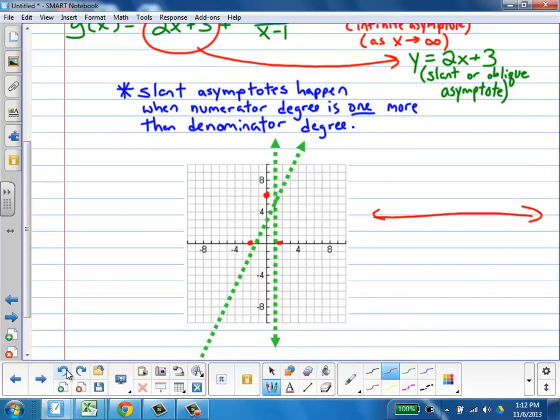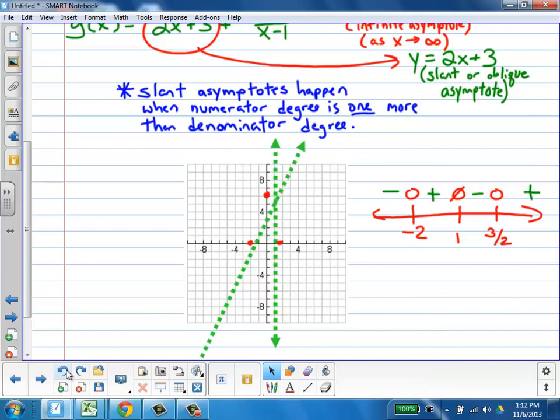The places where the interesting things happen are at -2, because that was an x-intercept, 1, because that was a vertical asymptote, and 3/2. Each one of those factors only appeared once, so we are going to get alternating positives and negatives. Remember, it's only when you have an even exponent on one of those factors you get even multiplicity and you get 2 pluses or 2 minuses in a row.